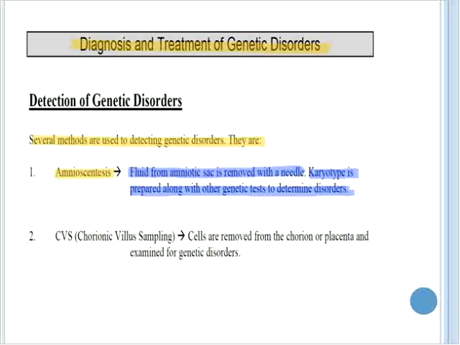This can be done because with amniocentesis, if you take this oval to be the woman's abdomen, inside of the woman's abdomen is a sac which contains the fetus. A long needle will be drawn into the amniotic sac and fluid withdrawn from it.